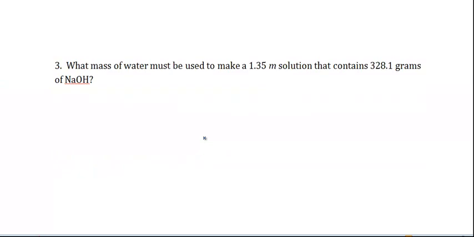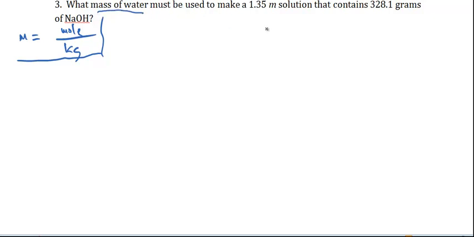Here's yet a third variation on this, but a small one. Again, I'll put my definition up here. Molality equals number of moles divided by kilograms of solvent. What is the mass of water?